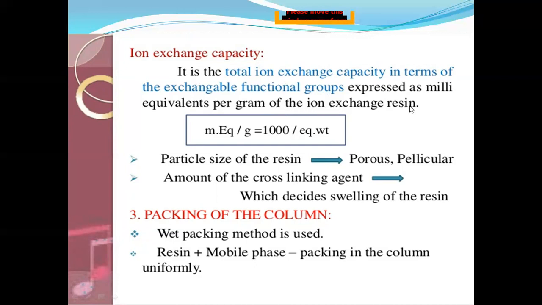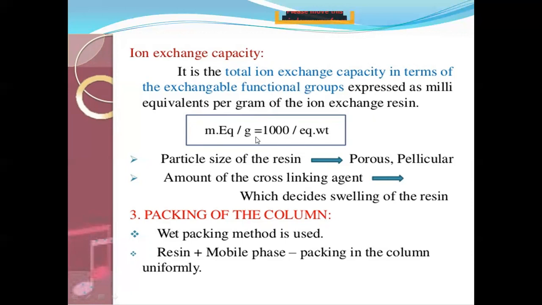So here we consider the weight of the ion exchange resin, and the milliequivalents mean how many milliequivalents of functional groups, that is, cation or anion exchange functional groups, are present per gram.